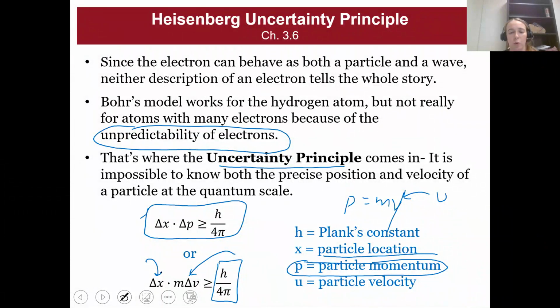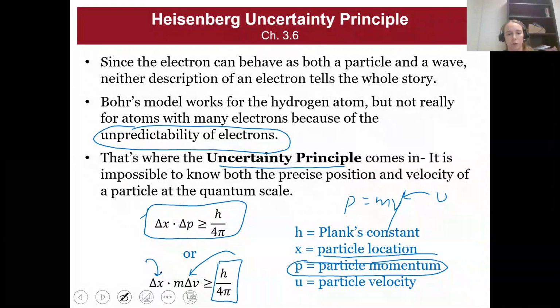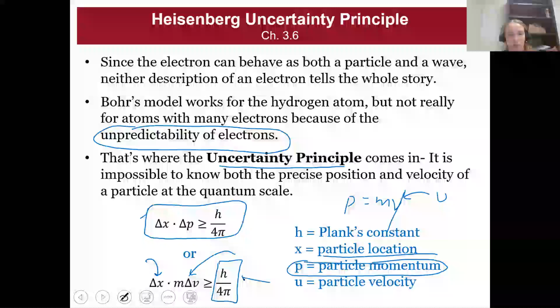If you have a high certainty of the particle's location, that means you have to have a small certainty of the particle's velocity for this formula to still be true. They have to balance each other out and stay bigger than this number.